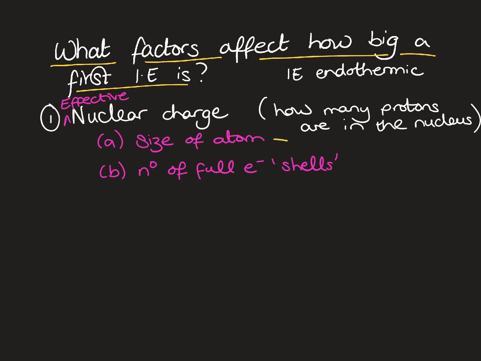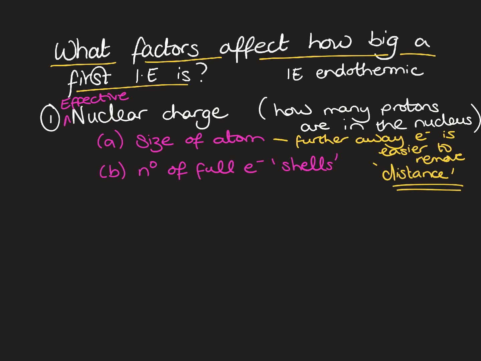It goes without saying that the further away an electron is, the easier it is to remove. That's because it doesn't feel the full force of the nucleus because of the distance. So distance is an important factor in effective nuclear charge. And then the number of full electron shells results in something called shielding.